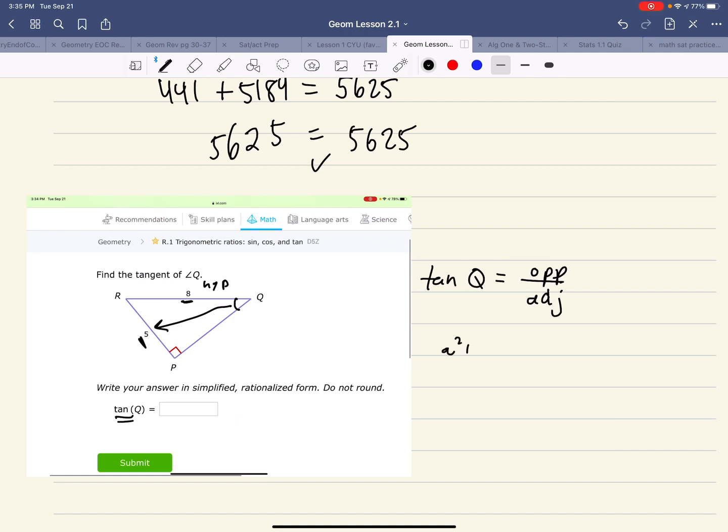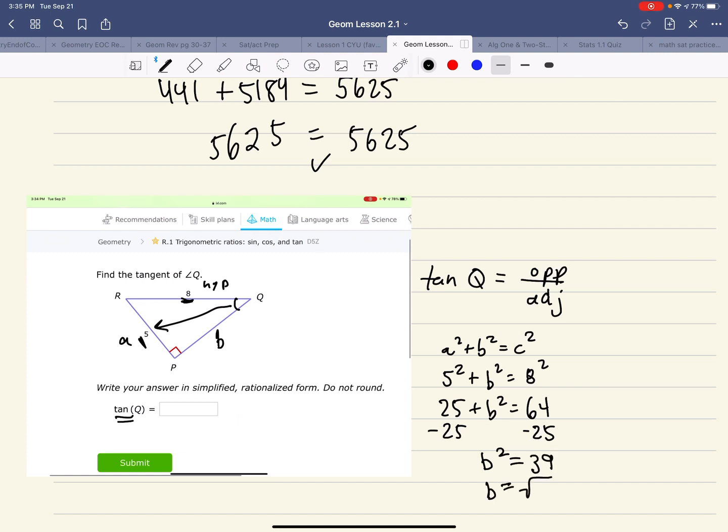Okay, so a squared plus b squared is c squared. We're going to call 5 a. They didn't tell us b, and we need that number, so I'm going to call that b. And the hypotenuse c is 8. So 25 plus b squared equals 64, so b is the square root of 39.